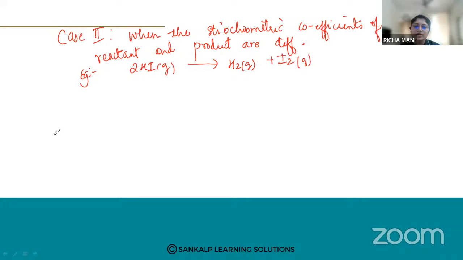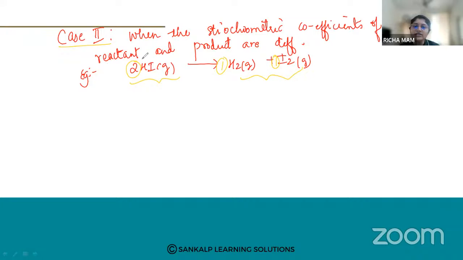Can you tell me the stoichiometric coefficients here? Yes, here they are different. HI is 2 moles, H2 is 1 mole, and I2 is 1 mole. So in the reactant and in the product, the stoichiometric coefficients are different.